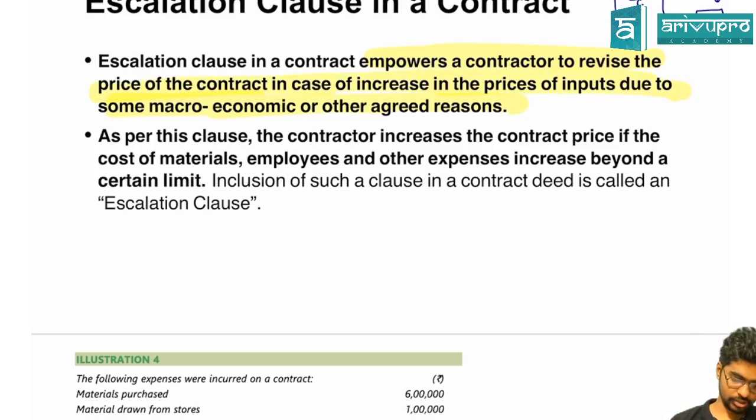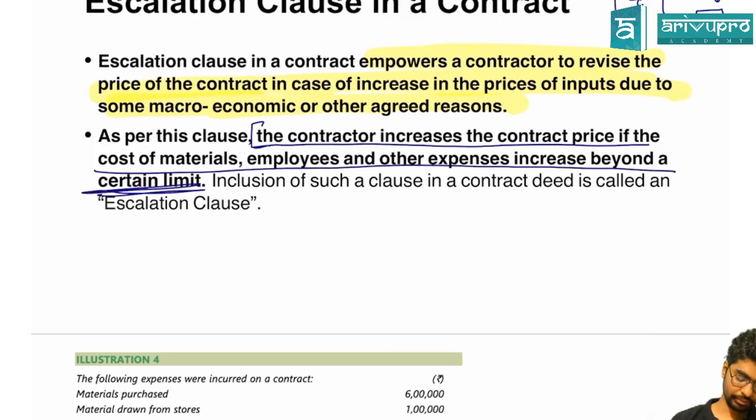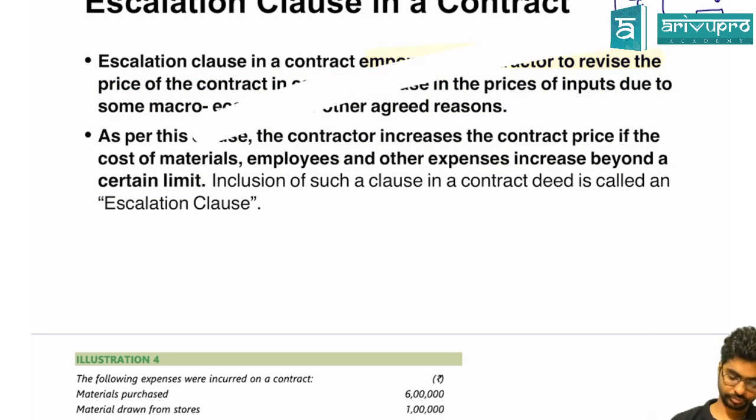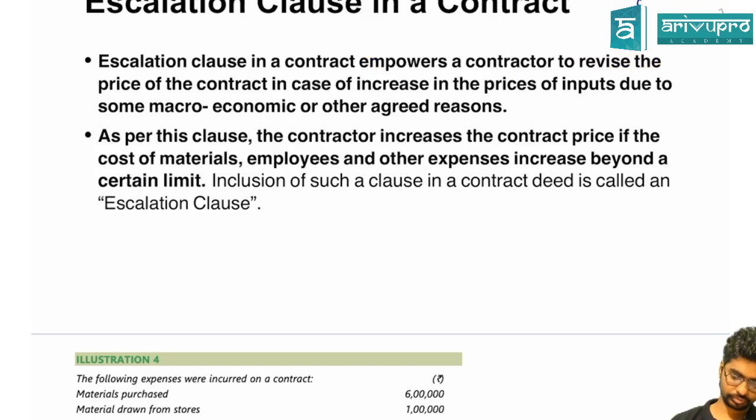As per this clause, the contractor increases the contract price if the cost of materials, employees and other expenses increases beyond a certain limit. Inclusion of such a clause in the contract is called an escalation clause. Does it make sense?